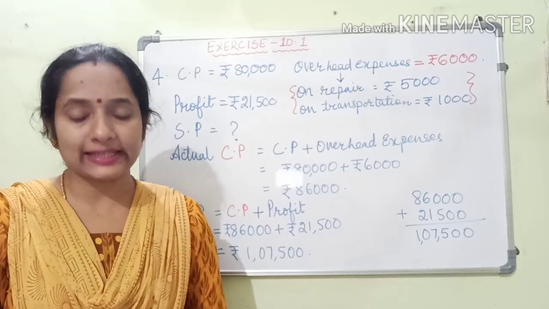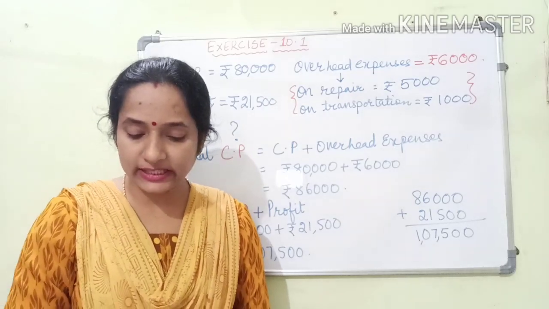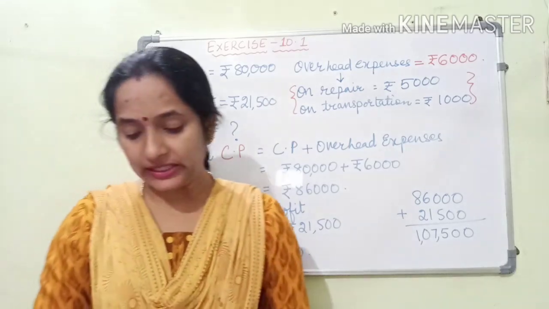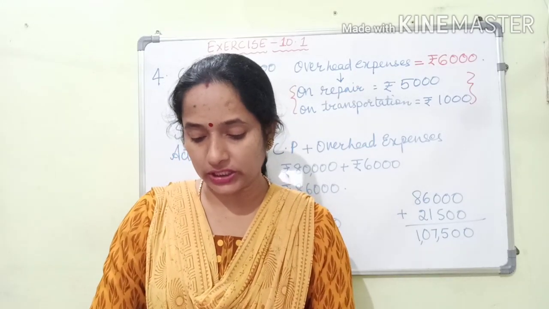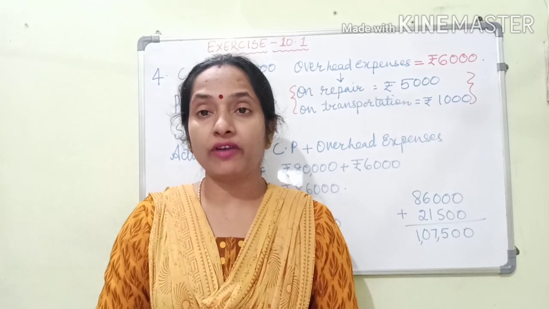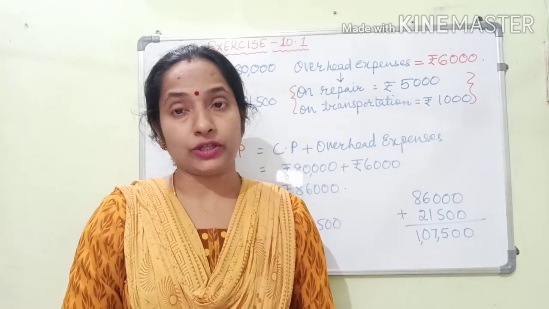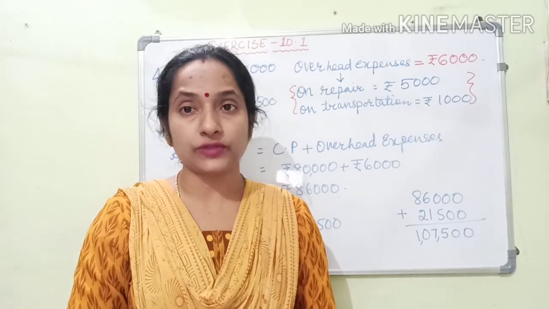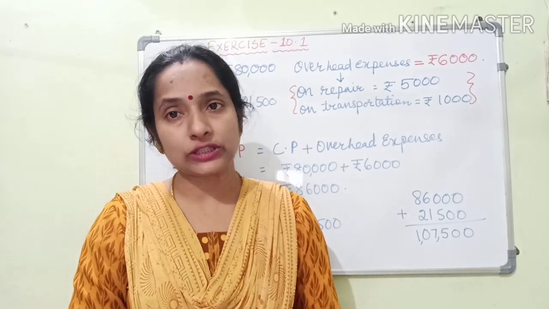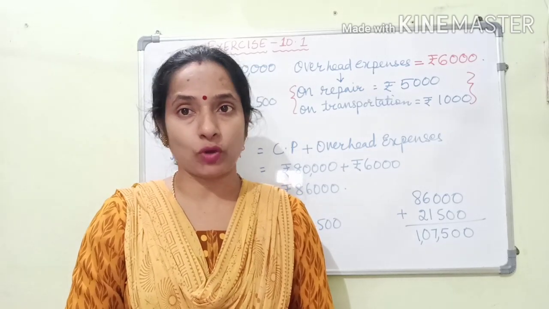Now let us discuss the next sum, question number 5. A TV set is purchased for rupees 6,900 and sold for rupees 6,825. Find the loss. Children, once again I would like to remind you, whenever you are asked to find either profit or loss, first of all compare the cost price and selling price and find out which is greater and which is smaller.